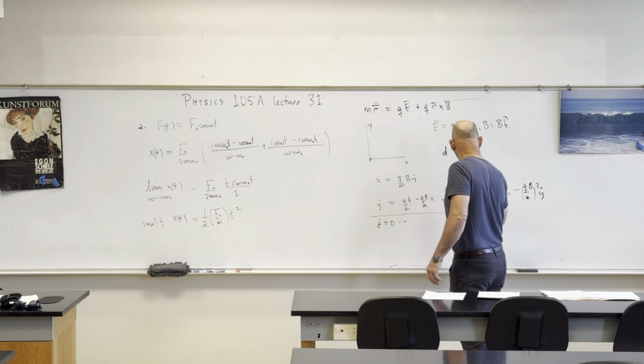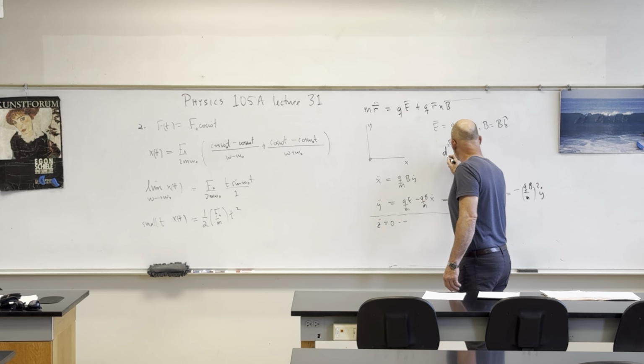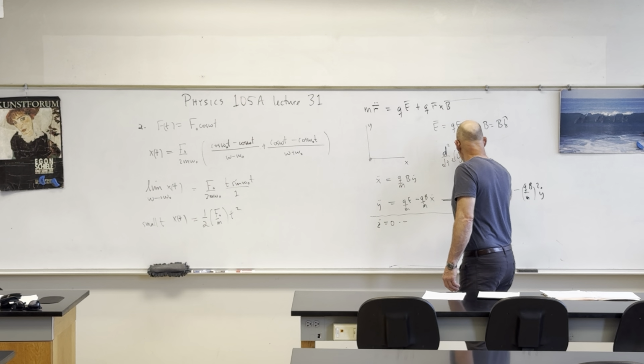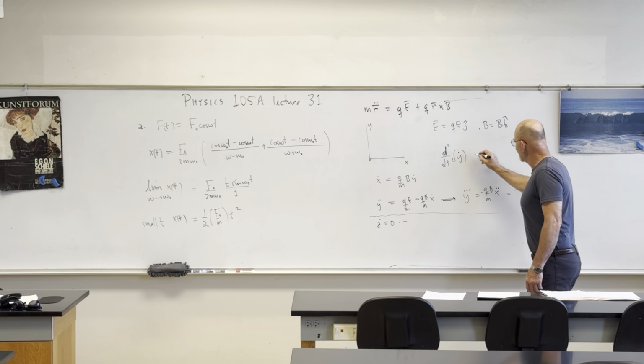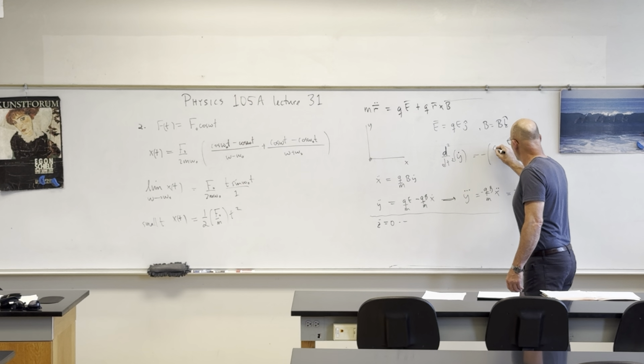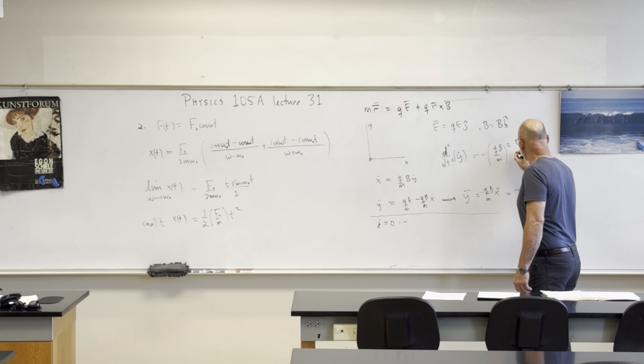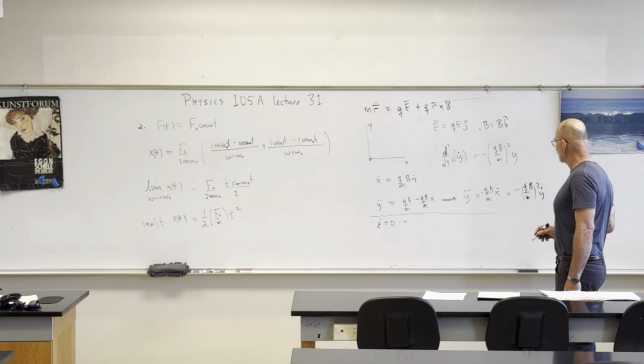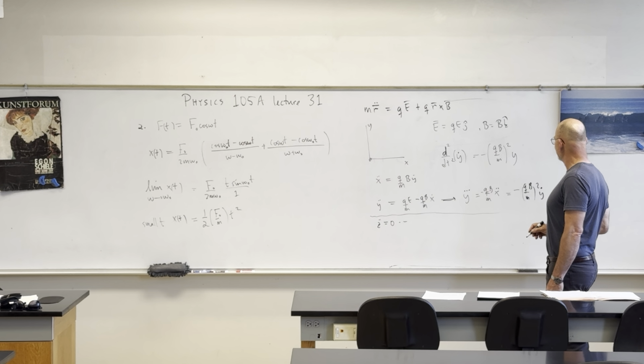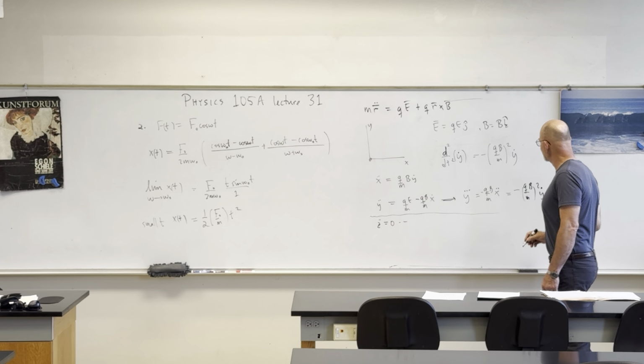I've made this point before, but I'm going to look at it in this way: d squared dt squared of y dot equals minus QB over M squared y dot. Okay.